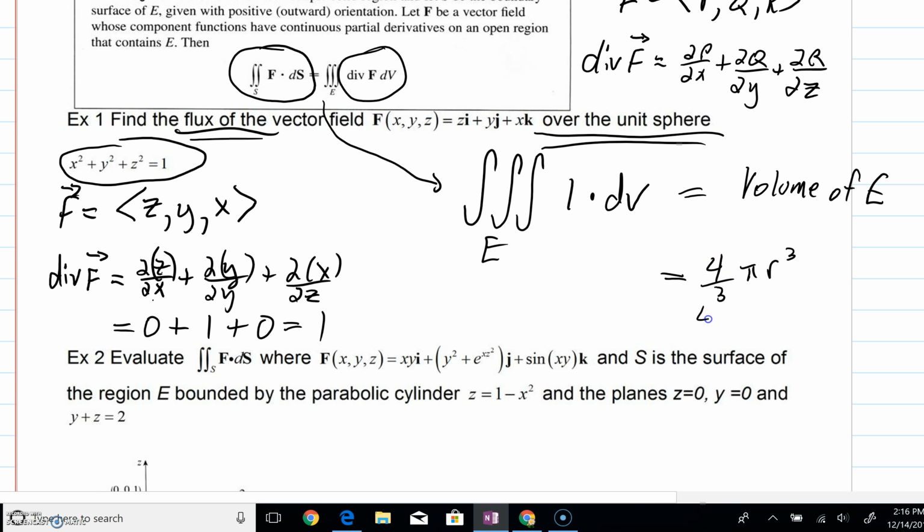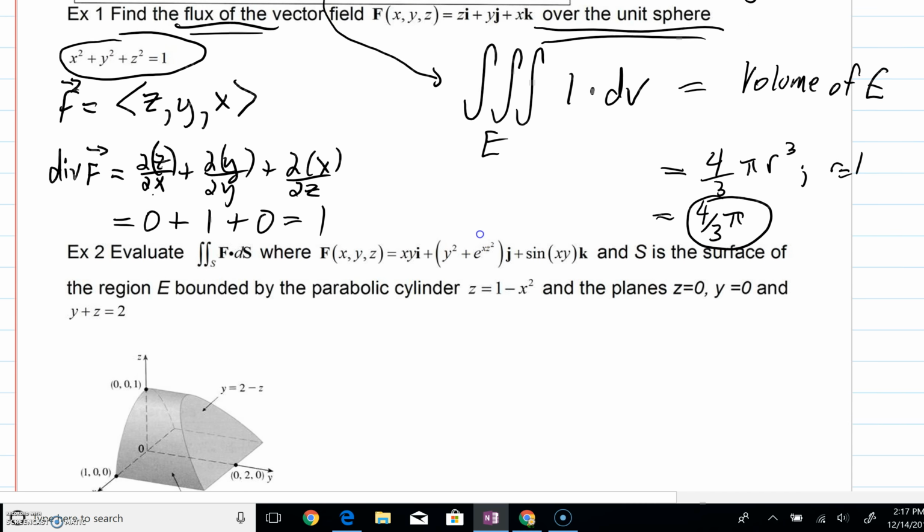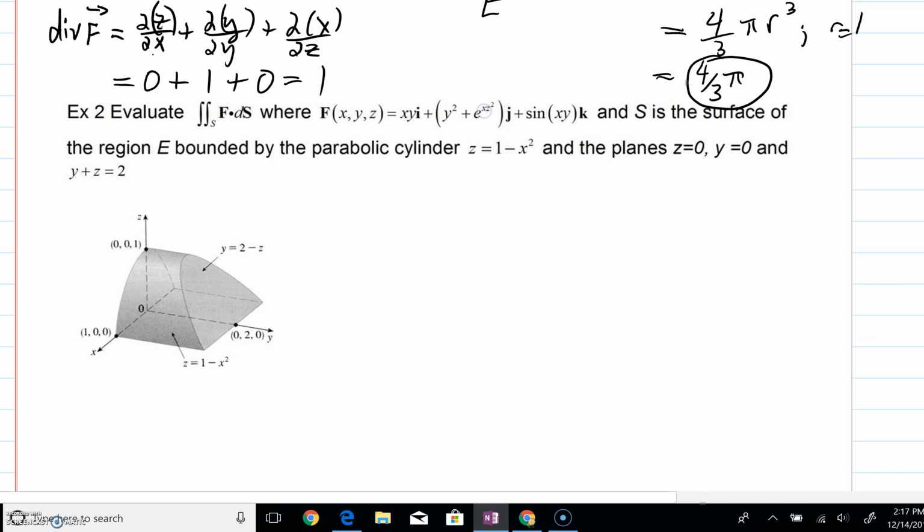We have a geometric shortcut here. That's with an r of 1 in this unit sphere. So this problem just becomes 4/3 pi.